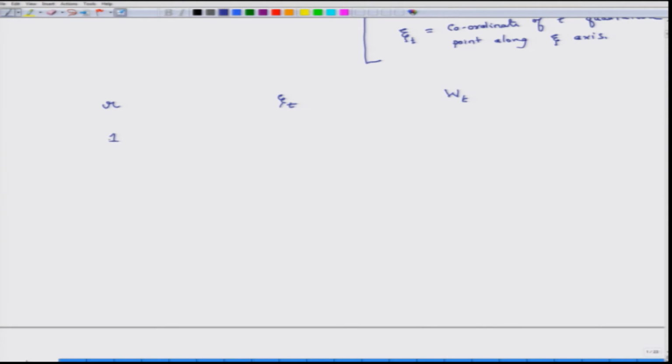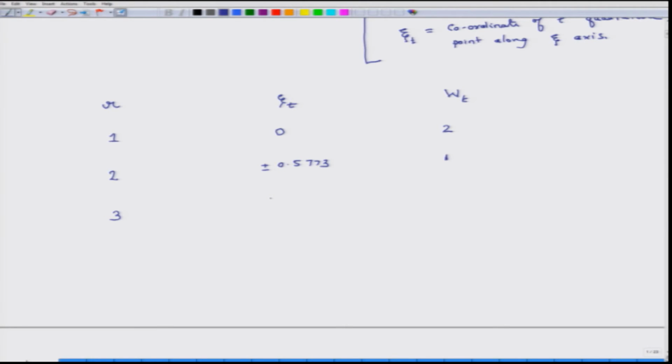So, when r is 1, then there will be only one quadrature point and its value is going to be 0, and the weight will be 2. When r is 2, then zeta t could have either a value of plus 0.5773 or minus 0.5773, and weights for both these locations is unity, 1.